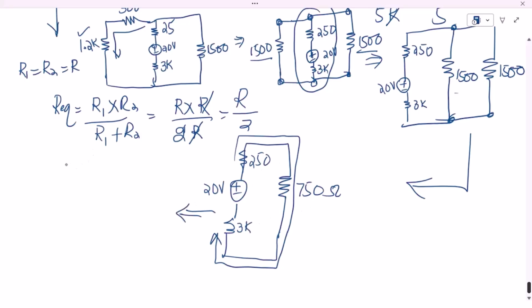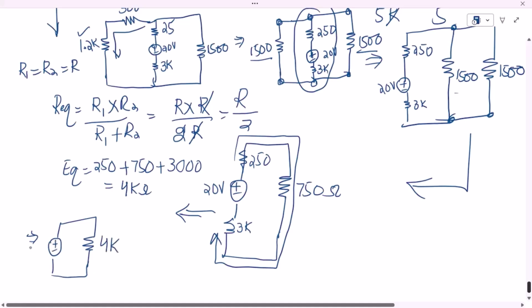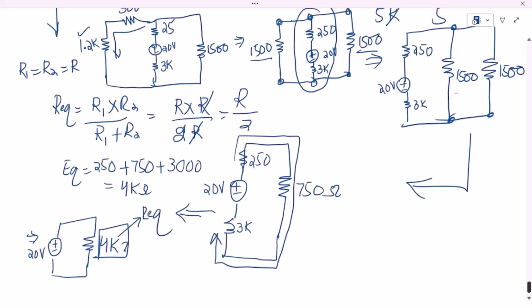To find the equivalent resistance of all of it, I will have to add 250 plus 750 plus this 3k, which is 3000. So what will I get? I will get 4k ohm. So the equivalent circuit is 4k with a 20 volts source. So the equivalent resistance is 4k ohm.